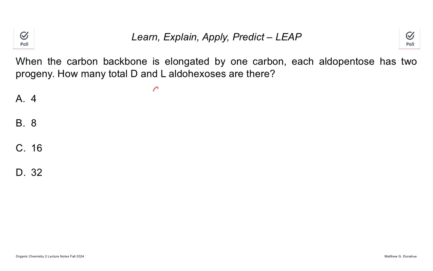So if we go from 5 now to 6 carbons, these are hexoses. And so how many total stereoisomers will there be? So we have 6 carbons. Carbon 1 is an aldehyde. Carbon 6 is a primary alcohol.